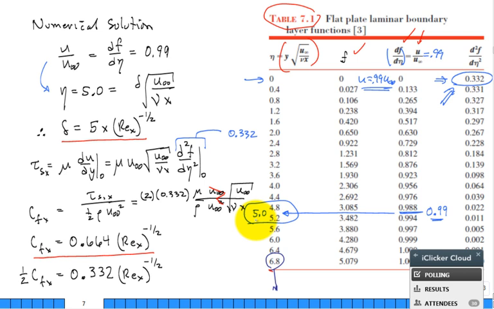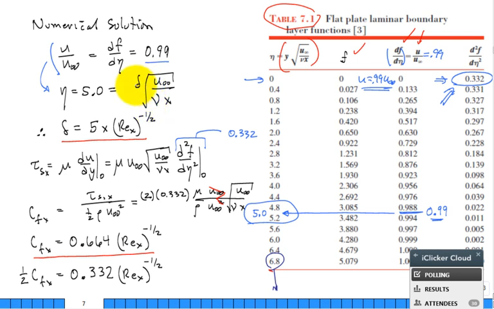All right, so from the numeric solution, u over u infinity is the derivative of f with respect to eta. You're very much interested when it's 0.99. That's the extent of the boundary layer. You find that eta is equal to 5. Hence, you have the delta, which is the thickness of the boundary layer.